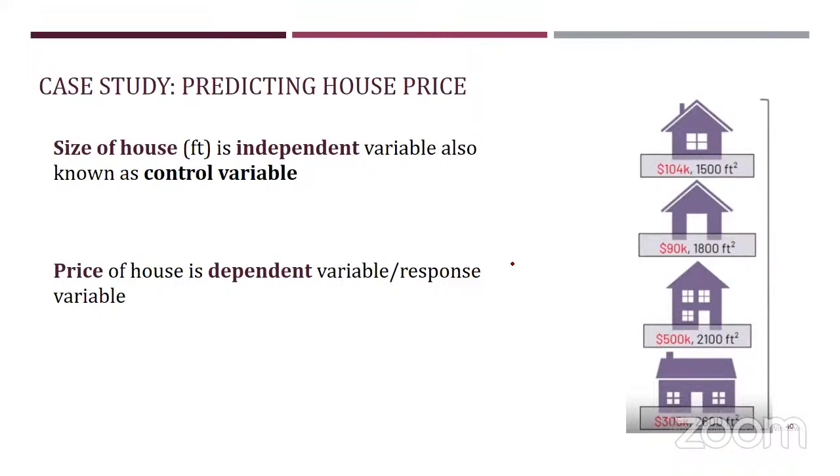If I change the size of my house, the price is going to change. So in this case, the price is the dependent variable and the size of the house is my independent variable. Now I have formulated my dependent and independent variables. That means we refer to the independent one as X and the dependent one as Y.